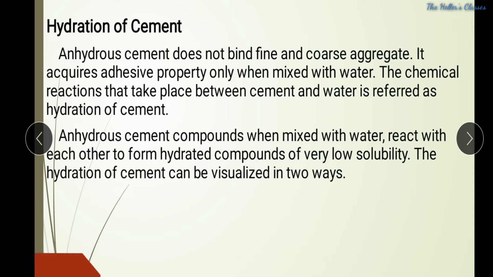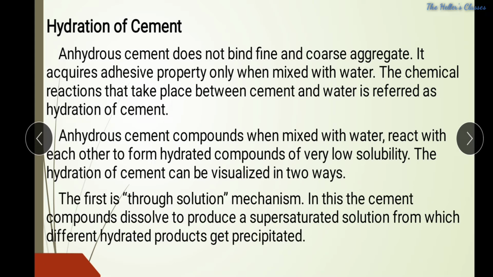Similarly, anhydrous cement compounds, when mixed with water, react to form hydrated compounds of very low solubility. The hydration of cement can be visualized in two ways, either in liquid formation or in solid formation, and we can observe how the reaction between the cement and aggregates behaves.